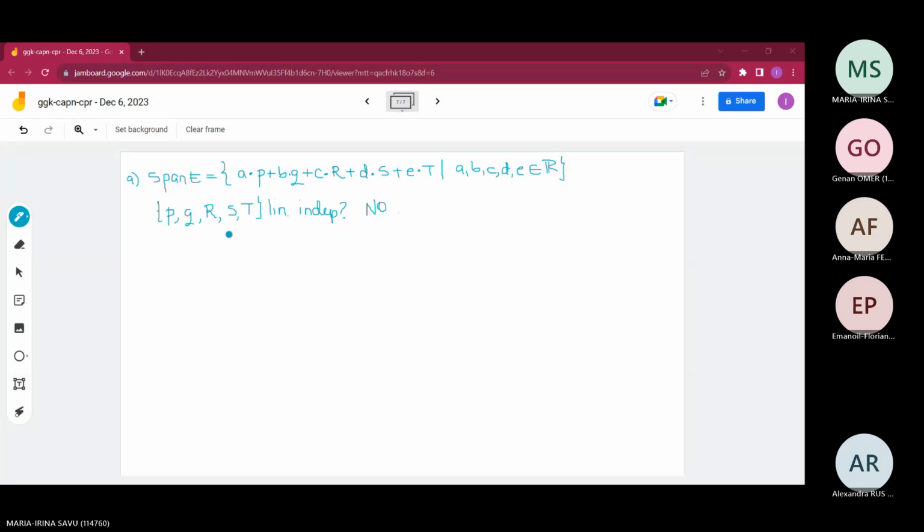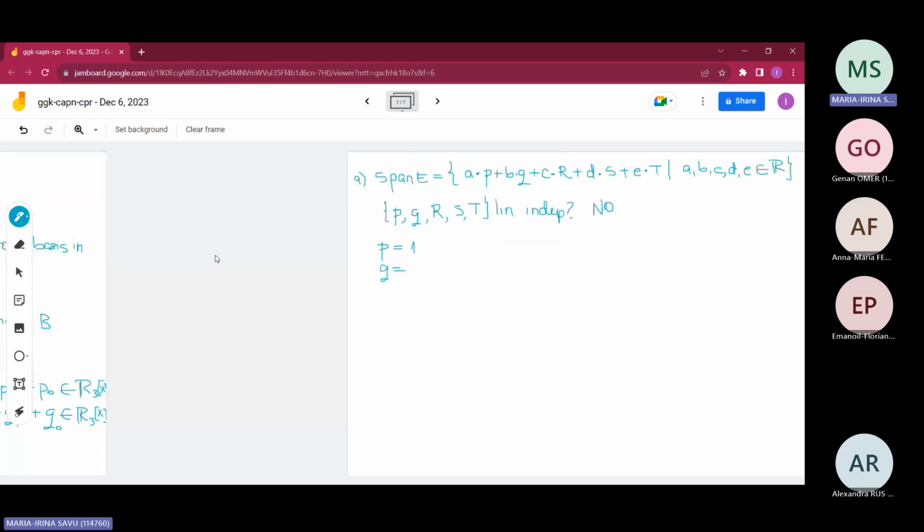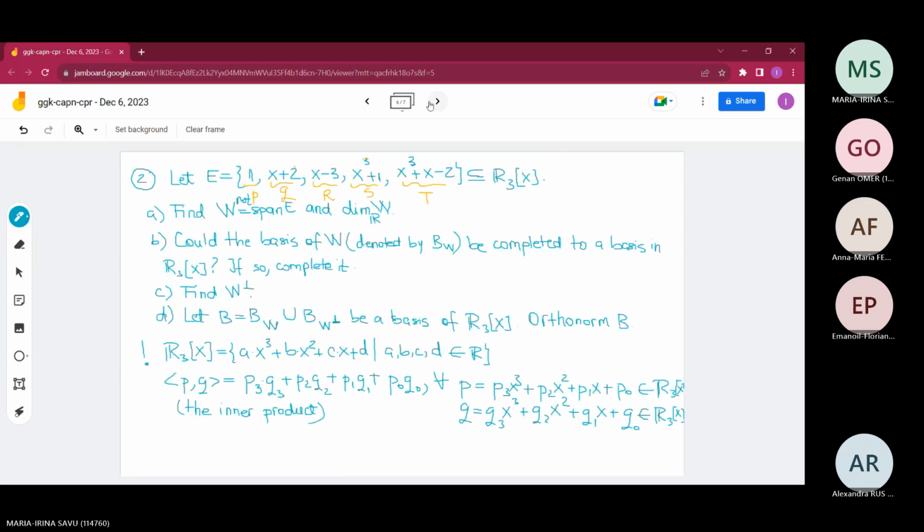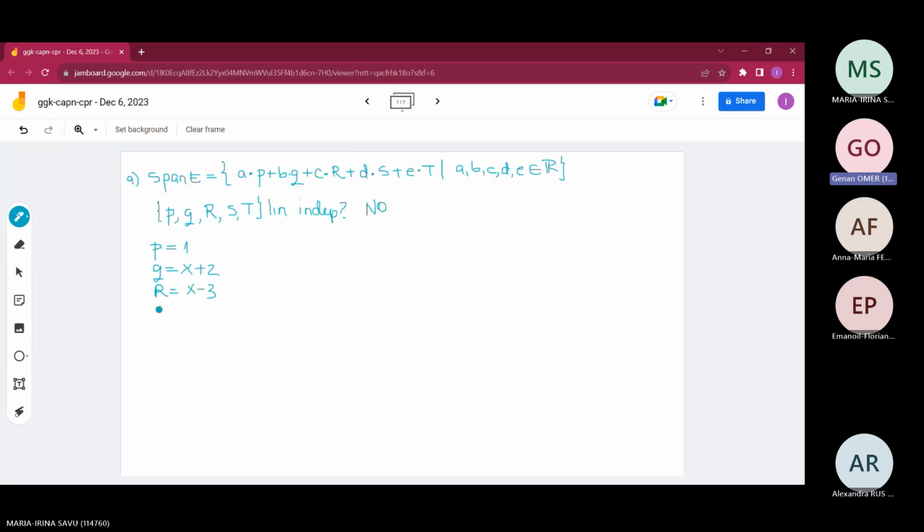We put the vectors on the columns, find the, let's say, four vectors linearly independent, and the other one will be dependent, so we'll extract it. Okay, but in this case, you don't have vectors from R3. How do you find them in columns?